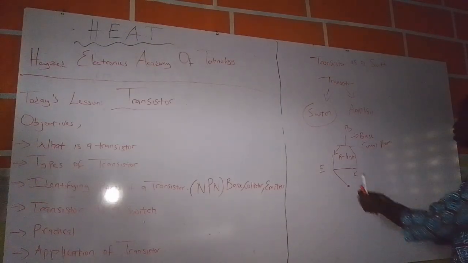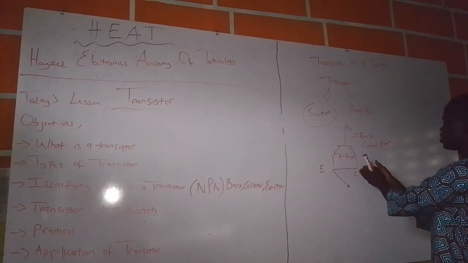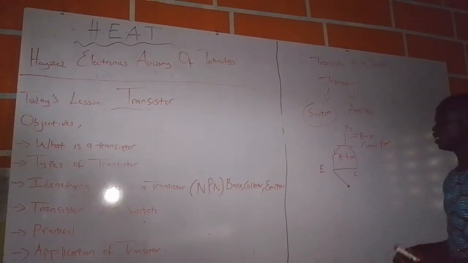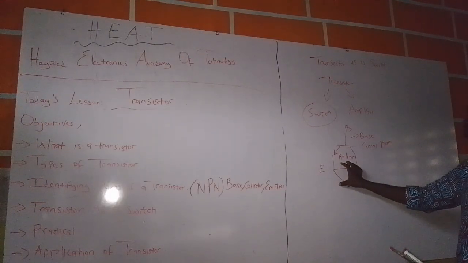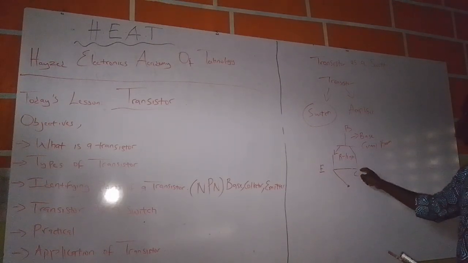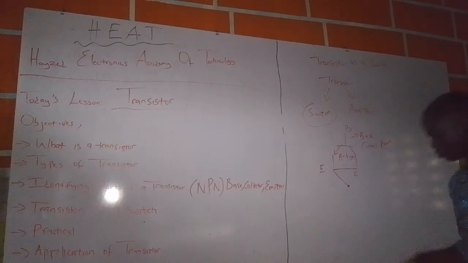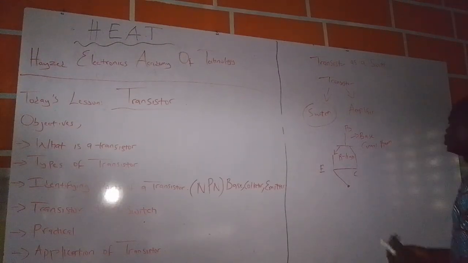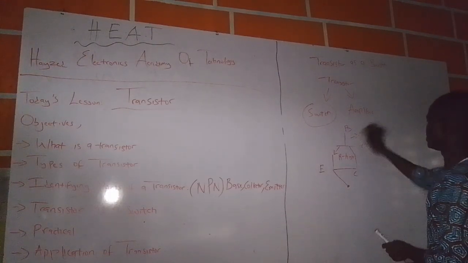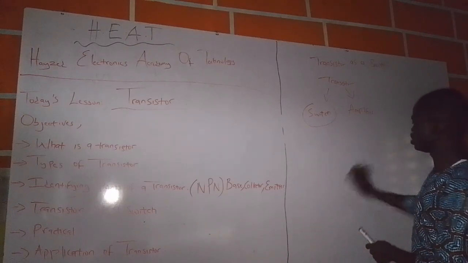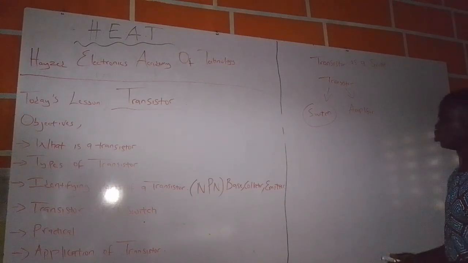Which means that whatever is here will come to this place. Meaning that the resistance between the emitter and the collector is going to drop.